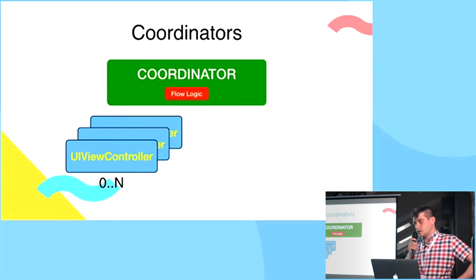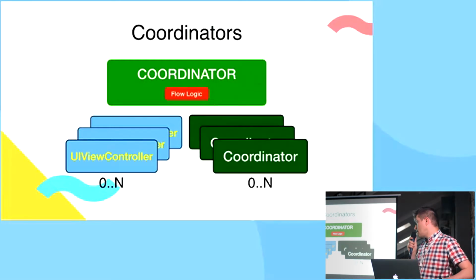For example, we should create a separate coordinator for the login flow and a different one for showing user details. If we have more coordinators in the application, we need to join them somehow. That's why a coordinator can contain other child coordinators for different tasks. All coordinators in the application with all their view controllers finally create a tree structure. So coordinators in this tree are branches, and UI view controllers are leaves.